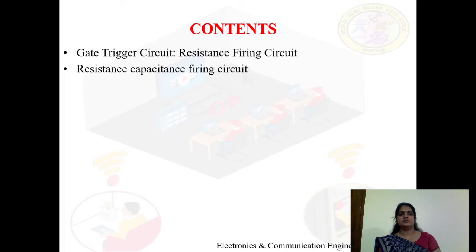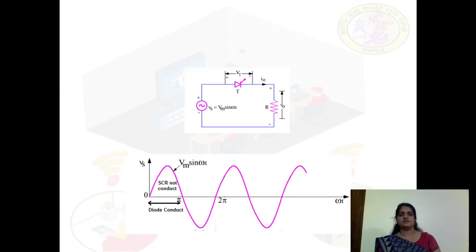The first is the resistance firing circuit, the second is the resistance capacitance firing circuit, and the third is the UJT firing circuit. In the next session we will discuss the UJT firing circuit, and in today's session we will discuss the resistance firing and the resistance capacitance firing circuits.